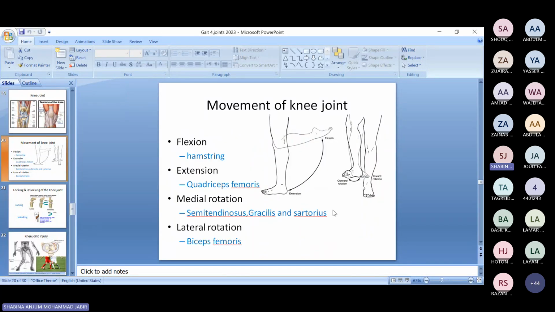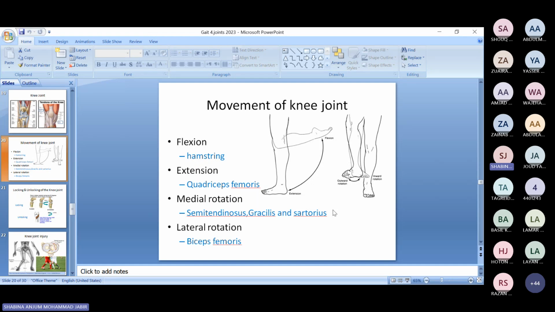Again, for the knee joint, as it is a hinge joint, it should have flexion and extension, right? Flexion by the hamstring and extension by the quadriceps femoris. But because it is a modified joint, with the patella also, the third bone, involved, it can do a small amount of medial and lateral rotation.